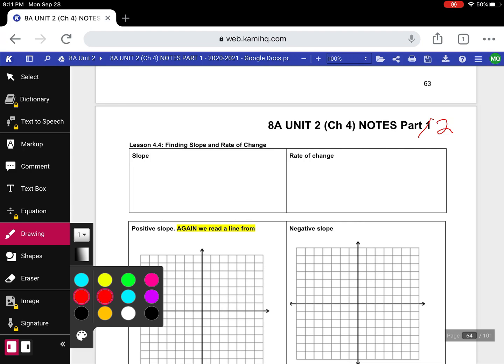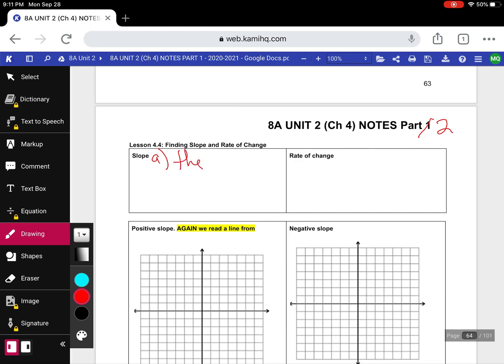Okay, so a slope, I'm going to give you 2 definitions. First is going to be the ratio of the vertical change. And know that when I put change, I always put a little triangle. That's how you define change in math, which is the rise.